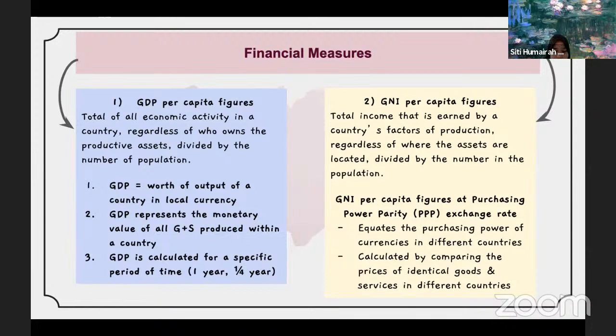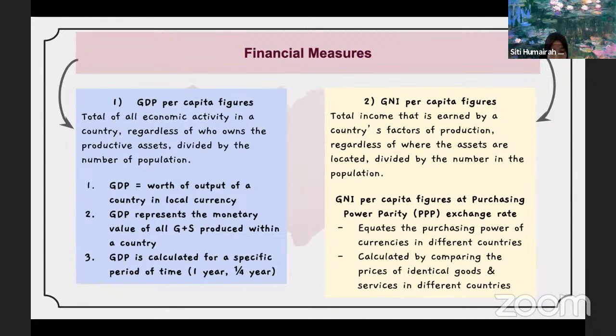Meanwhile, GNI per capita figures is defined by the total income earned by a country's factors of production, regardless of where the assets are located, divided by the number of population. Basically, GNI is a measure of wealth by calculating income instead of output. GDP measures output, while GNI measures the income of a country. It can be calculated by adding foreign income sources to gross domestic product.